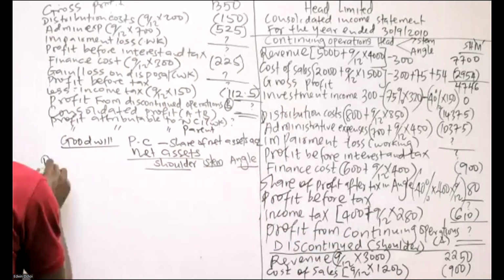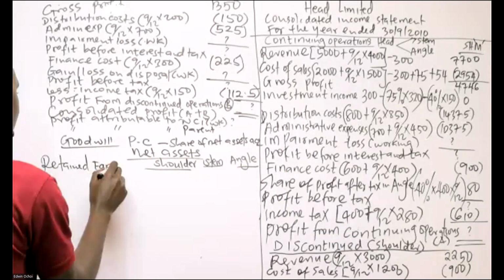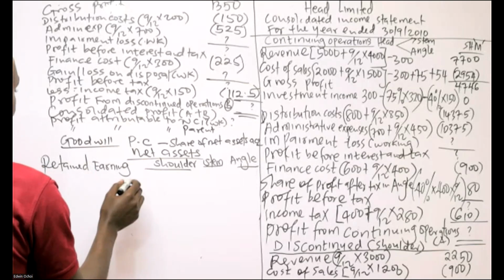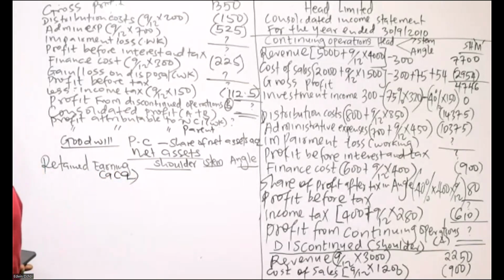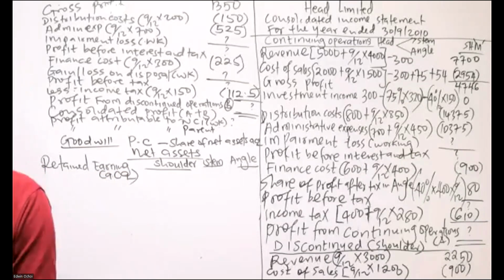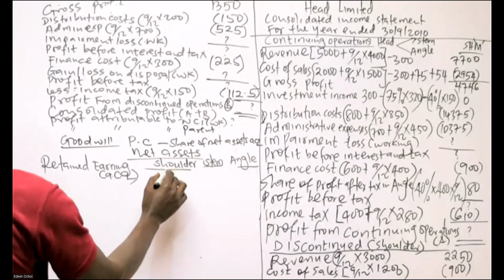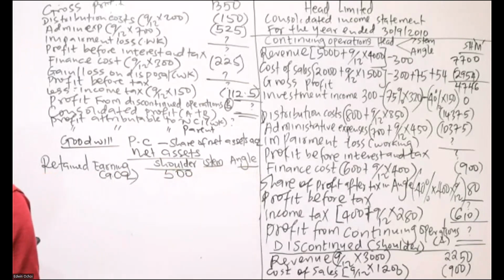Remember, we use the retained earnings as acquisition date. So for Shoulder, you are provided with the 500. Stem and Anchor, I will compute.